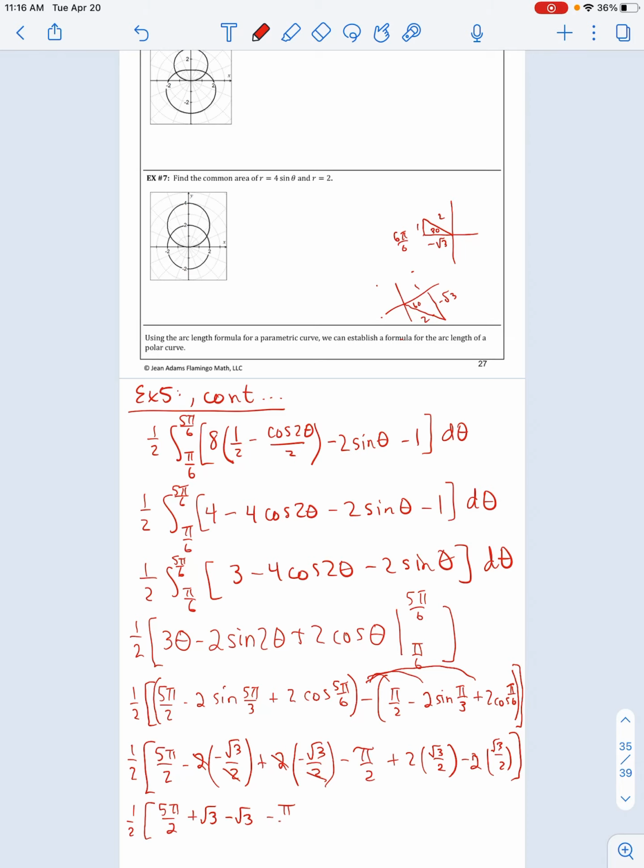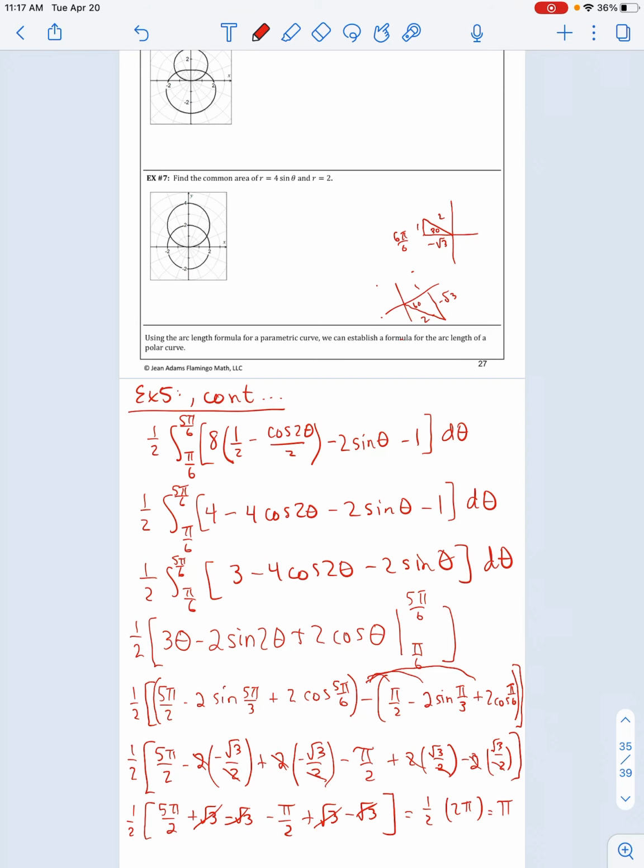Lots of square root of 3's over 2. So this is plus root 3 minus root 3 minus pi over 2 plus root 3 minus root 3. Interesting. And so I've got 1/2 times, this would end up being 4 pi over 2.